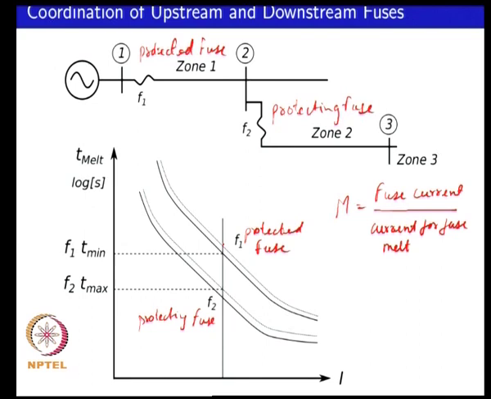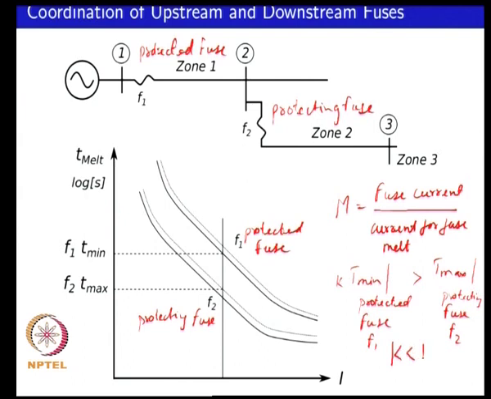So, what you want to ensure is that some k times your T min of your protected fuse, in this case F1, is greater than your T max of your protecting fuse F2, and k is a number which is less than 1.